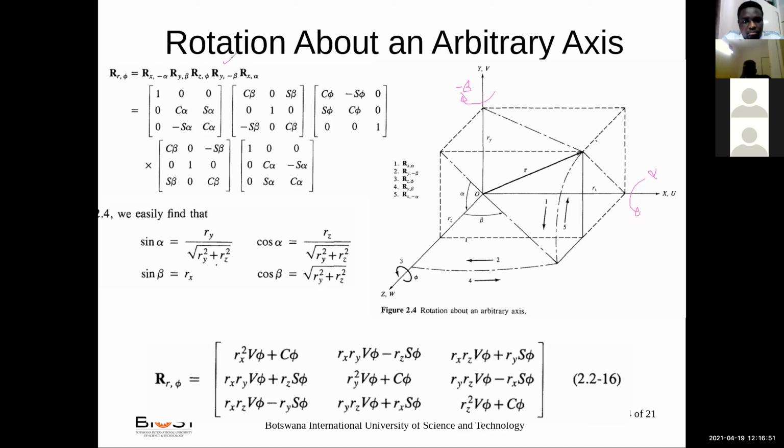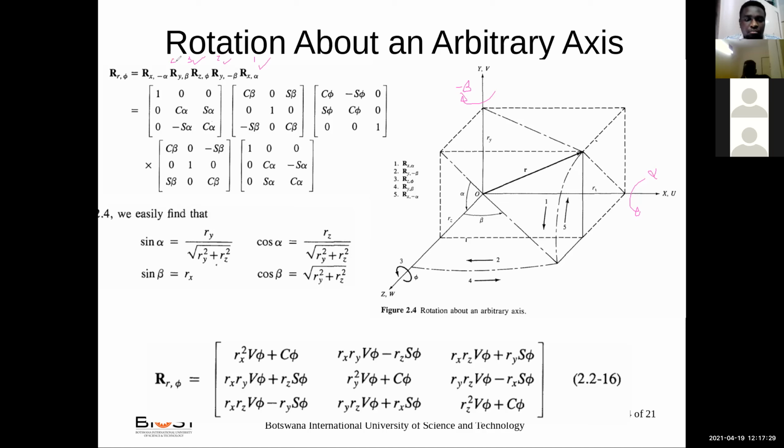With the second rotation, we'll discuss why it is being post-multiplied. Then here we rotate about the z-axis, that's positive phi. That's the third rotation. Then we go back. When you go back, there's a positive beta.